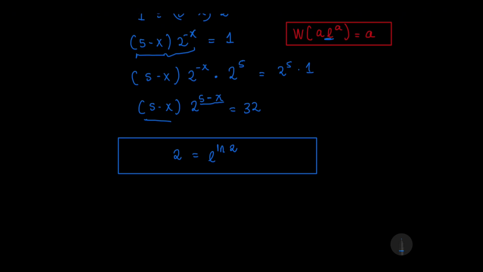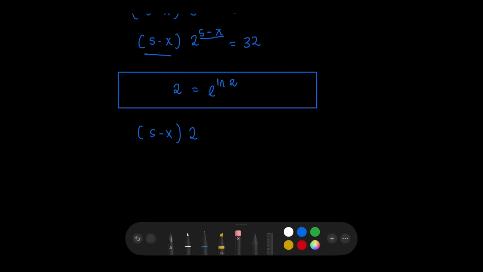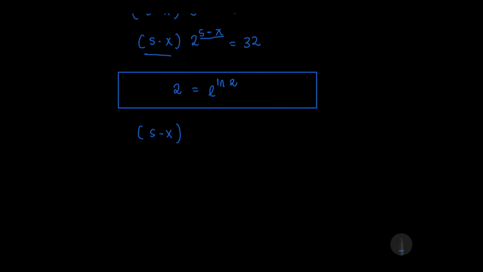Whenever you have e and ln, they get rid of each other and you'll be left with 2. So I'm going to use this. I'm going to have (5 minus x) times e to the power ln 2, all bracket to the power 5 minus x, equals 32.